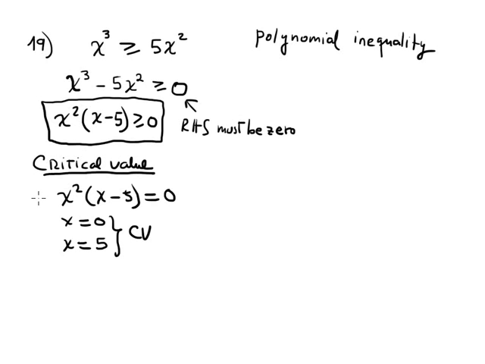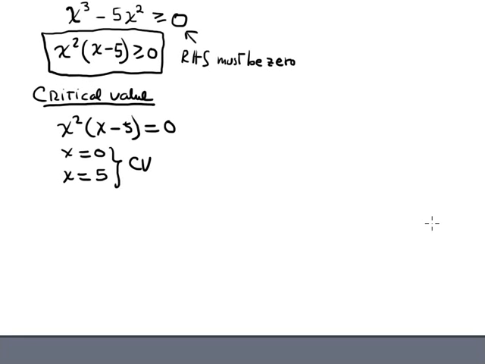After that, we draw a sketch in which you draw a real number line from negative infinity to positive infinity, and you put the critical values 0 and 5, which split the line into a partition.